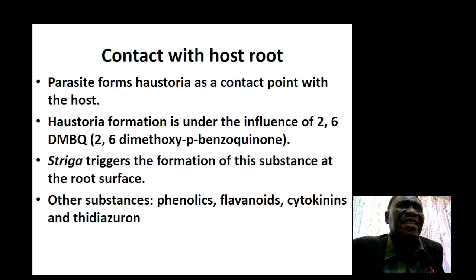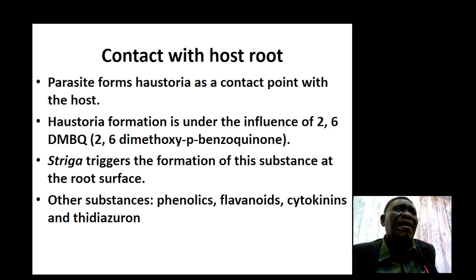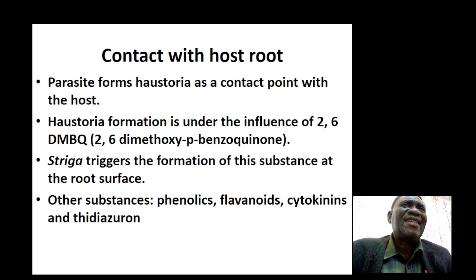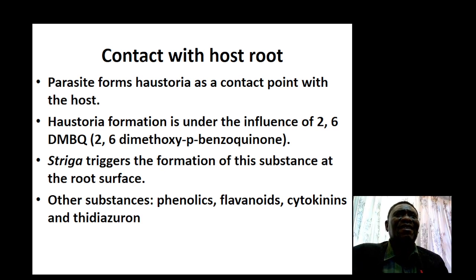Then for contact with the host root, the parasite forms haustoria on the point of contact, but this requires what is known as 2,6-DMBQ, or in full, 2,6-dimethoxybenzoquinone. It's an example of the haustoria initiation factor, HIF in short.